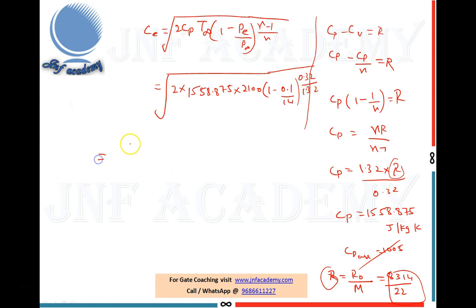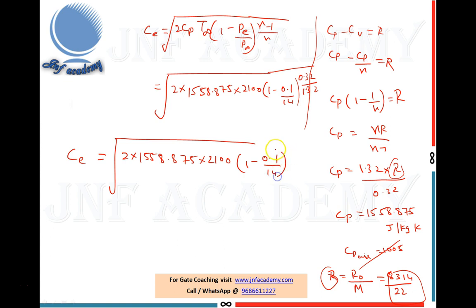Now I rewrite this equation. Everything in this equation: 2 into 1558.875 into 2100, which is T infinity, into 1 minus 0.1 divided by 14, the whole power 0.32 divided by 1.32. So that gives CE. What is specific impulse?